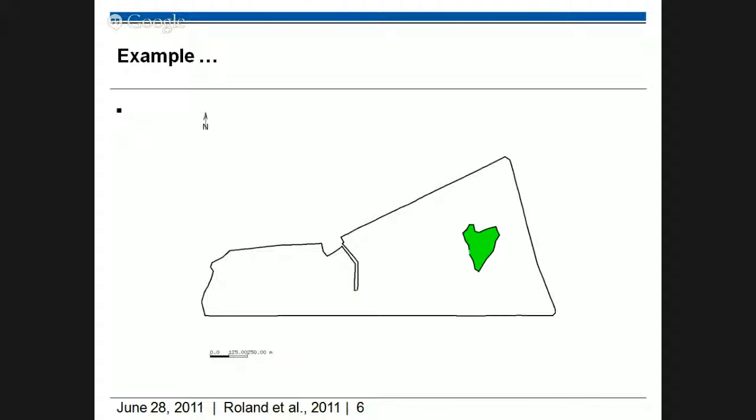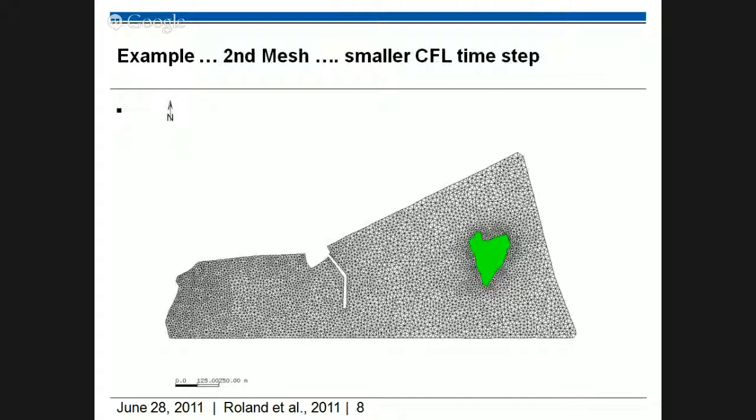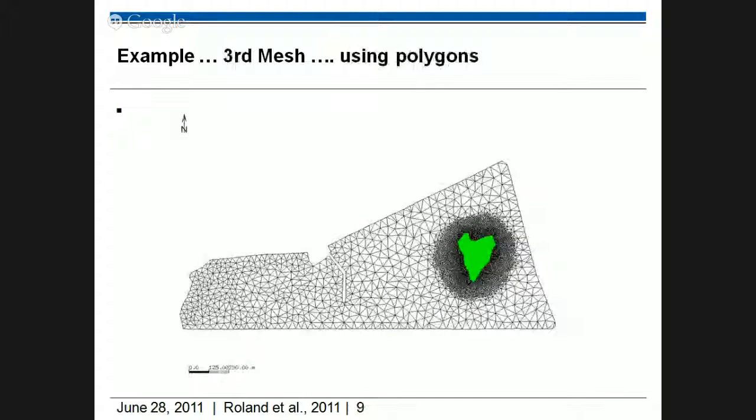So this is an example. One of the test cases that goes with WaveWorks is the TP 2.7 maybe. It's the Limon Harbor in Costa Rica. There's an island in front, and a harbor jetty. This is a mesh you can do. If you change the criteria, you can make a smaller mesh, just one number to change.